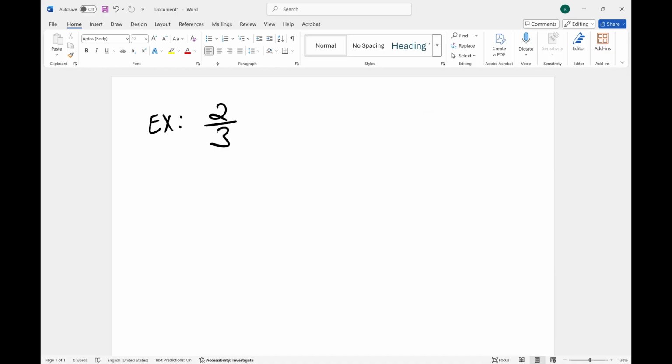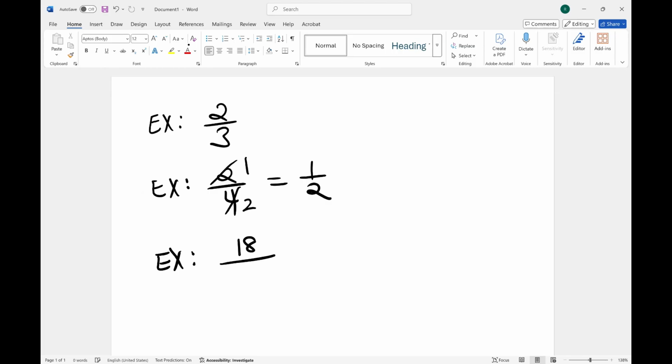So this is simplified. But what if I had 2/4? I could simplify that fraction further. I could simplify by a factor of 2. 2 goes into itself once and into 4 twice. So this is equal to 1/2. 2/4 is the same thing as 1/2, but 1/2 is the simplified form. Let's do one more. What if I had 18 over 24?